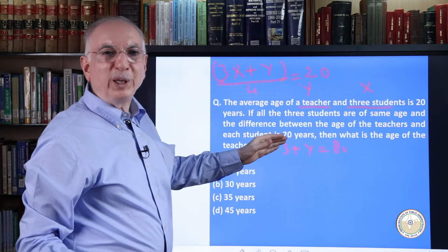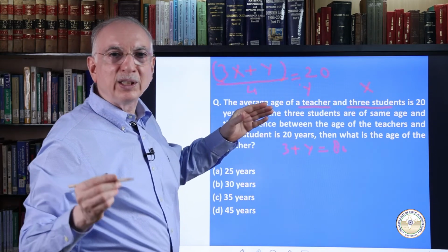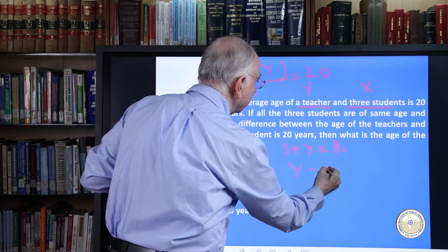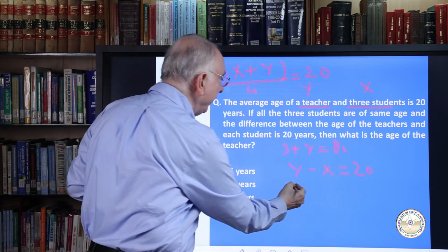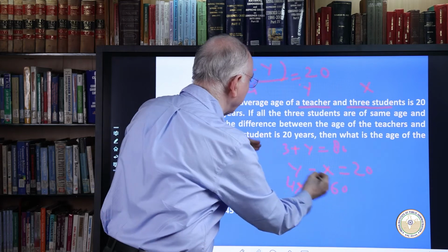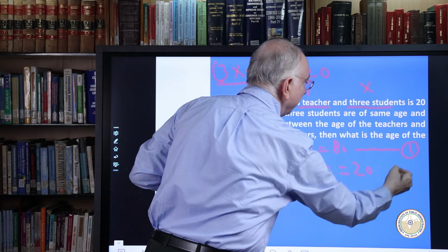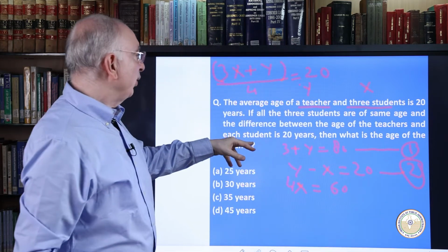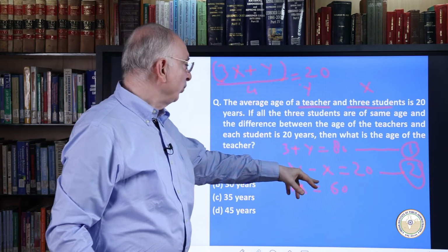And it is also given the difference between the age of the teacher and student is 20 years. So that means y minus x is equal to 20. If we solve these two equations, suppose this is equation 1 and this is equation 2, and we subtract equation 2 from equation 1, we get 4x is equal to 60.